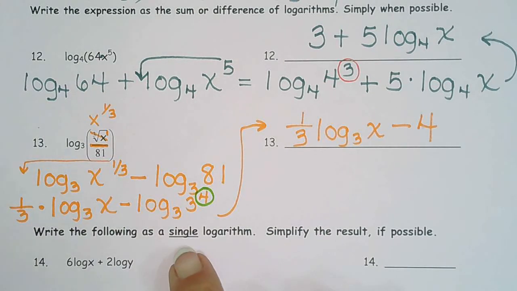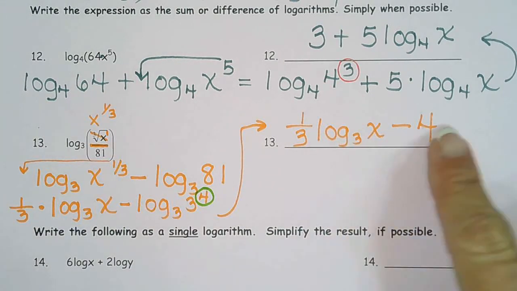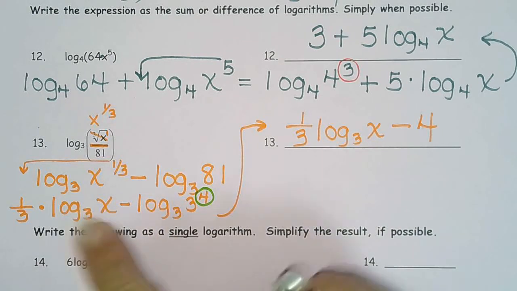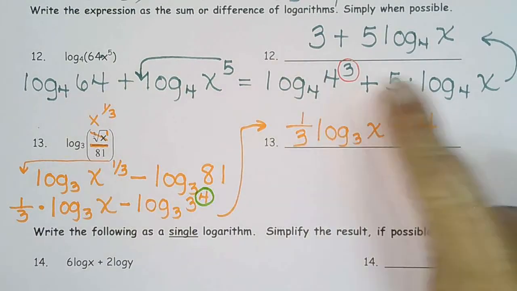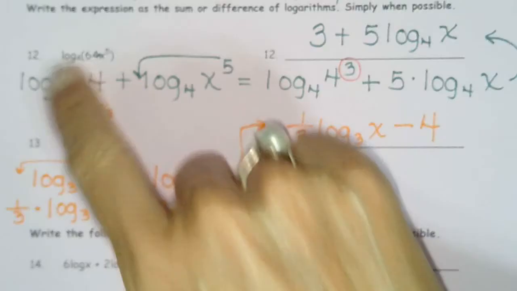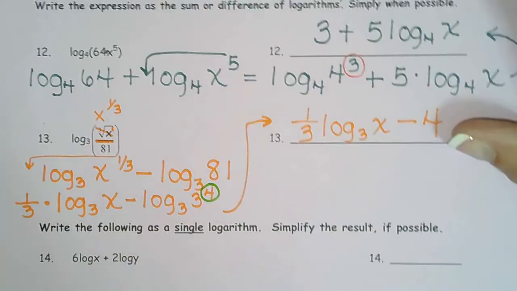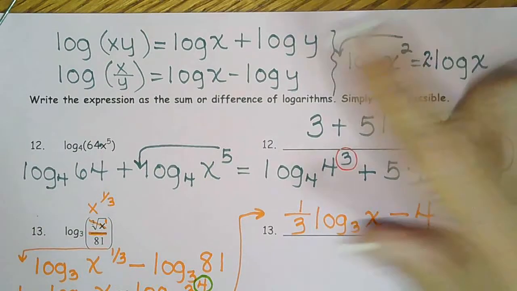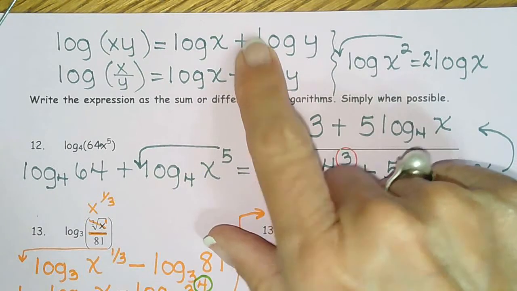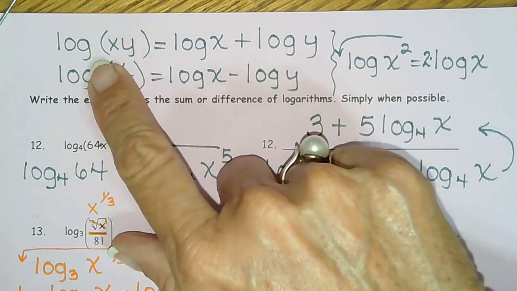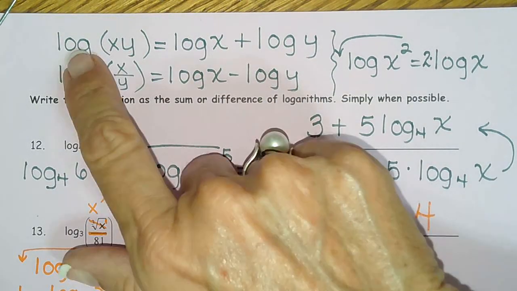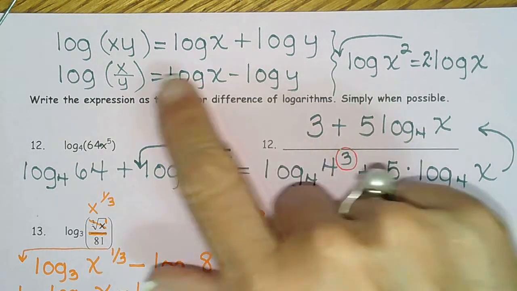We're going backwards to a single log. So we're going from this step to that, or this step back to that. So that's what write as a single logarithm is. We still use the same rules, but instead of going this way, now we're going to be going this way with the rules. See how this is a single log, each of these?